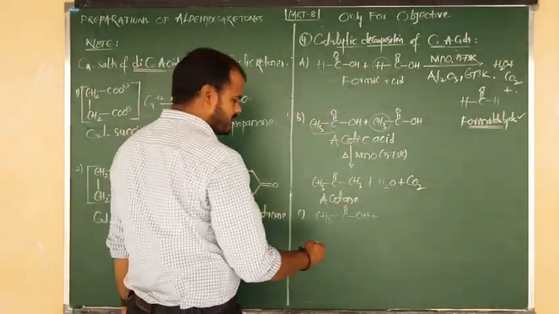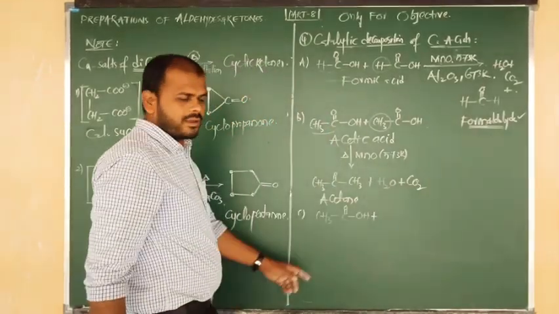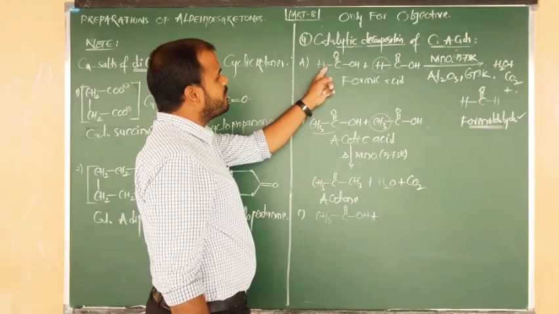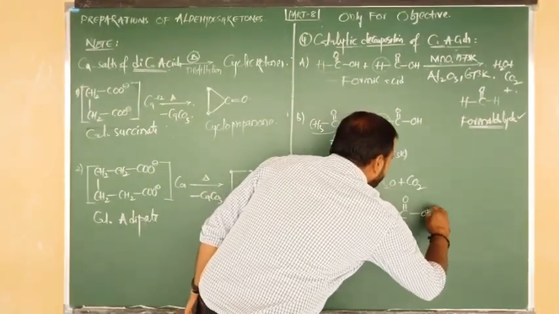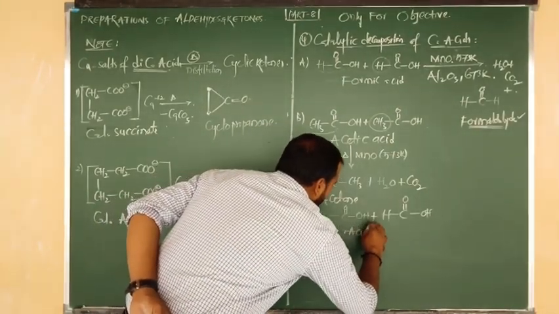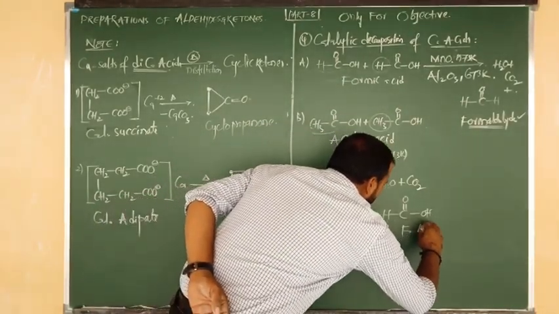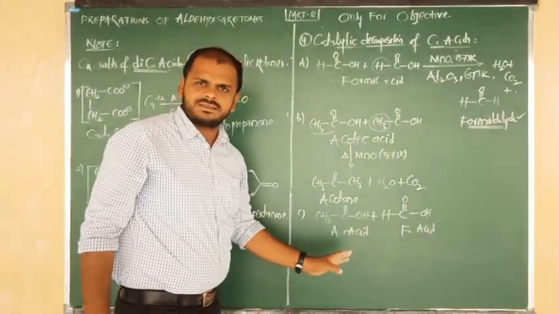Another mole is different here: HC double bond O OH. One is acetic acid and one more is formic acid. You can take 2 same or 2 different as you wish.